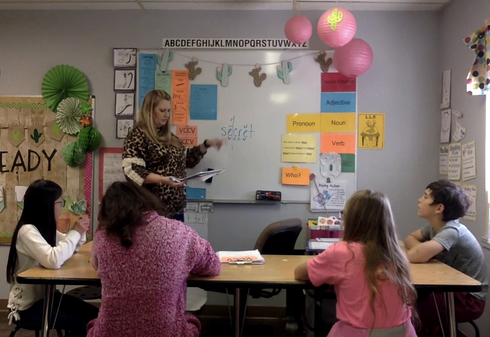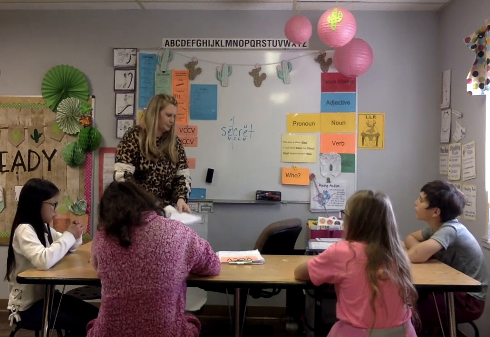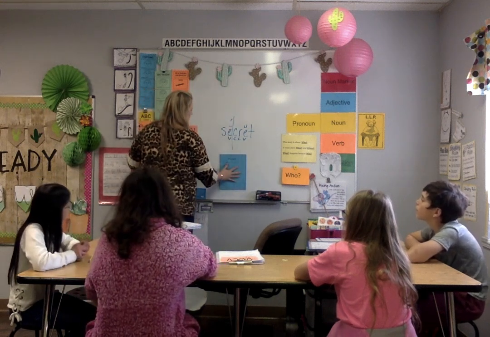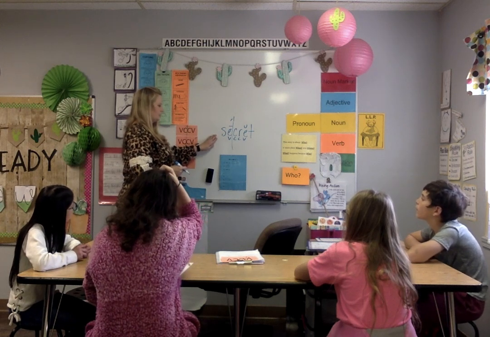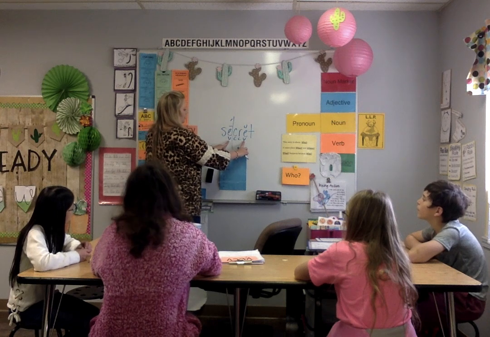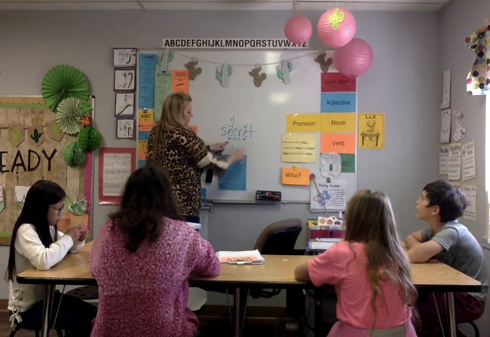Okay, we're going to review the steps of syllable division. Here are my steps for syllable division. So we have our word. The first thing we do is we identify how many sounded vowels we have, and I identify those by placing a V underneath. And then we look to see if we have what?